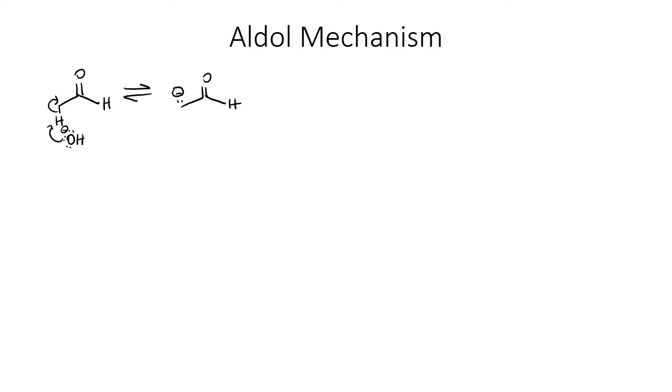Now, once we have our enolate in the presence of a second aldehyde, which I'll put in red, we can have our enolate act as a nucleophile and attack the carbonyl of our red aldehyde, kicking the electrons up onto the oxygen.